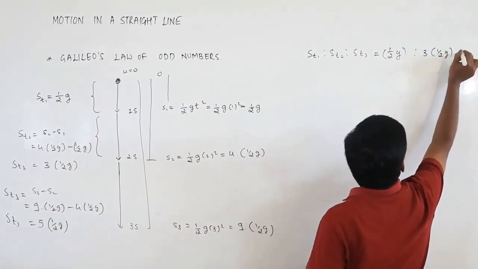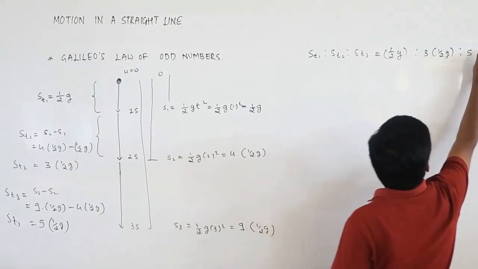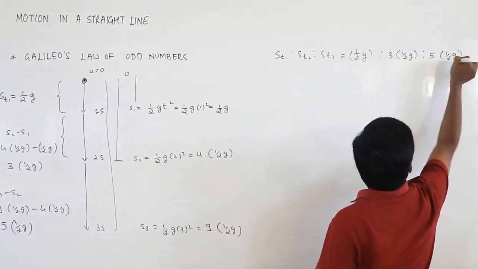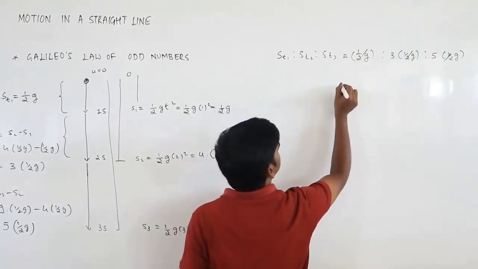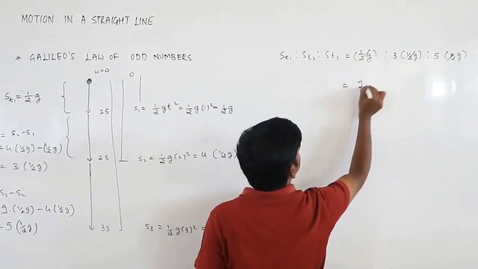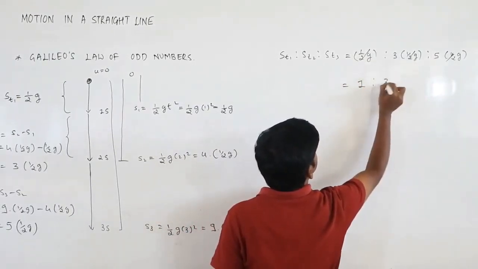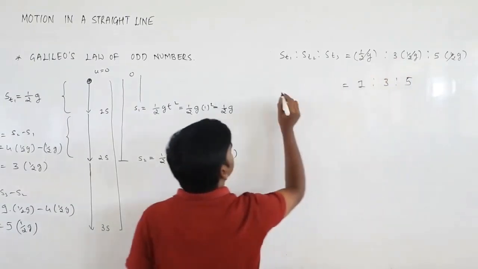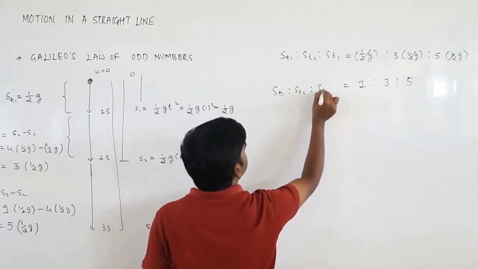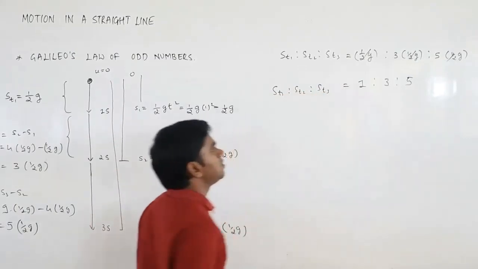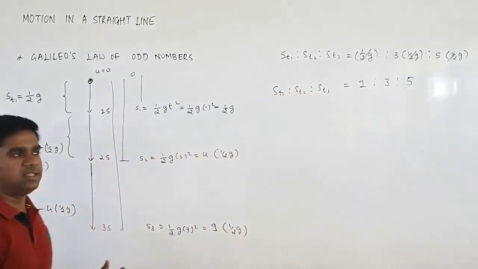Next 5 half g. Okay. So half g is constant, so no need to worry about this one. Here what is it? 1 is to 3 is to 5. So S_T1, S_T2, S_T3 is equal to 1 is to 3 is to 5.